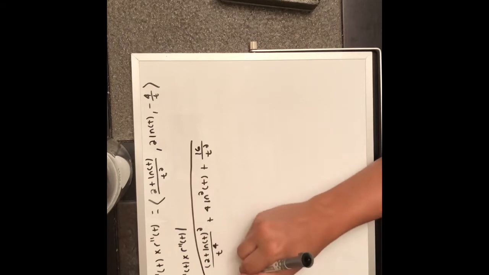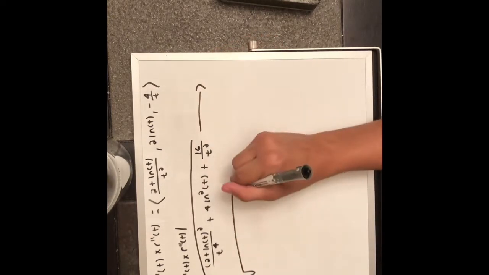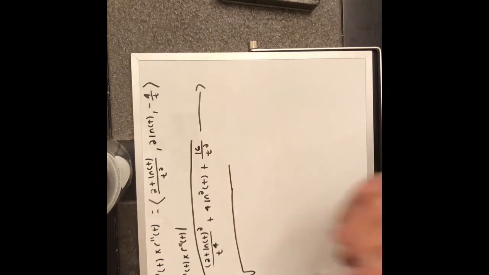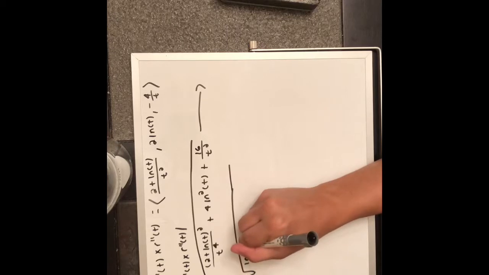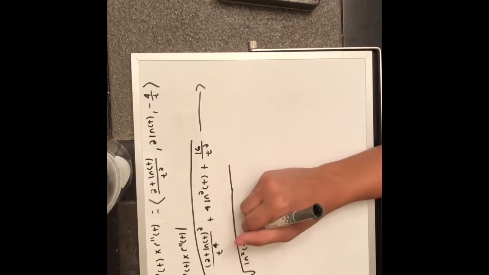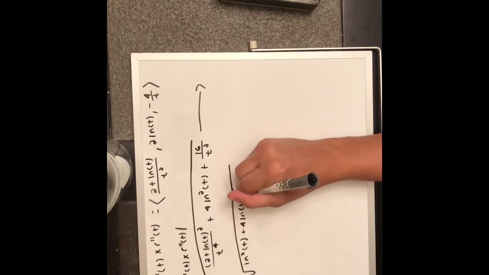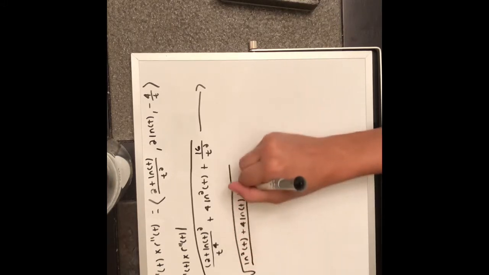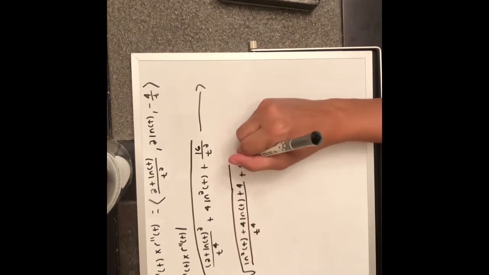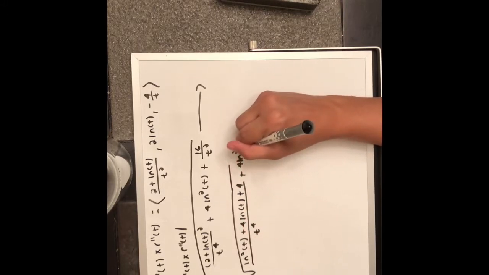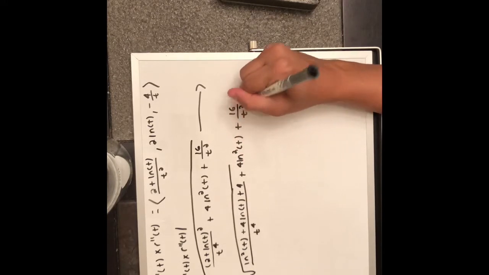So that becomes ln squared of t plus 4 ln of t plus 4, all over t to the 4th, plus 4 ln squared t, plus 16 over t squared.